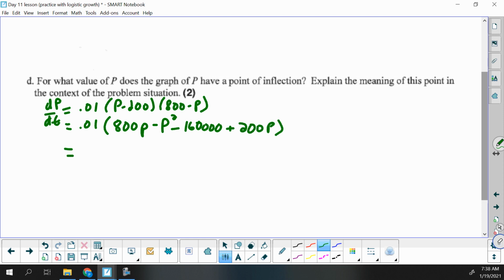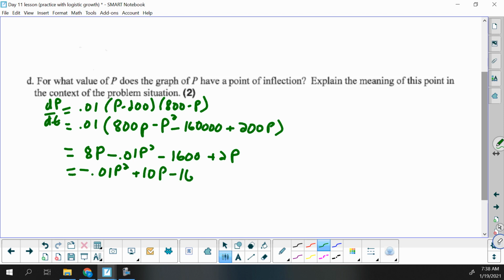And if we distribute the 0.01, that'll give us 8p minus 0.01p squared minus 1600 plus 2p, or in other words, minus 0.01p squared plus 10p minus 1600.